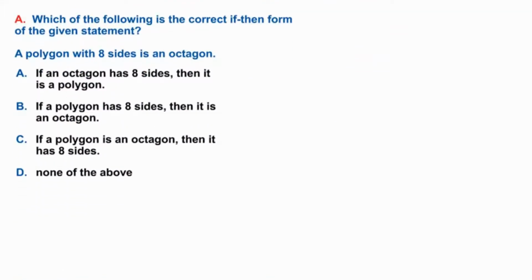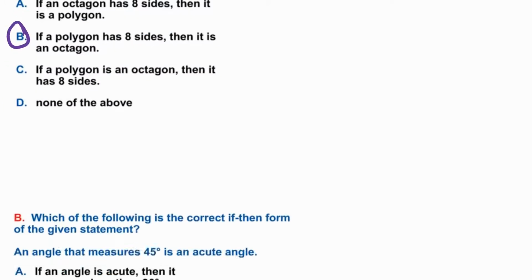A polygon with 8 sides is an octagon. If a polygon has 8 sides, then it is an octagon. If you notice, it's the word is that will tell us whatever follows the word is the conclusion.